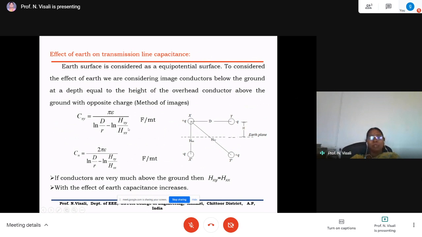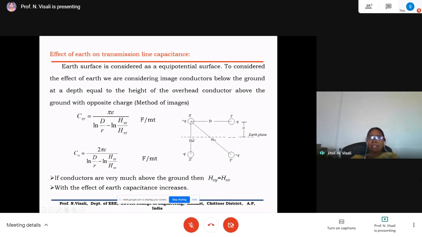Because of that, we calculate the effect of earth in the capacitance. That effect of earth is taken like this: Ln of Hxy by Hxx. Hxy is the distance to the other conductor, and Hxx is to the similar conductor.